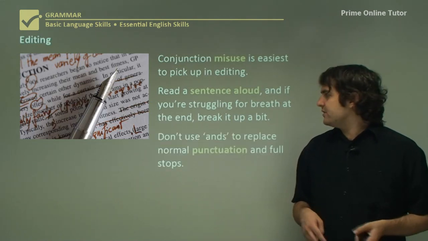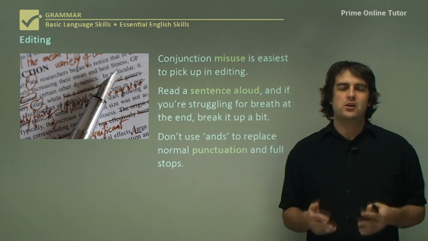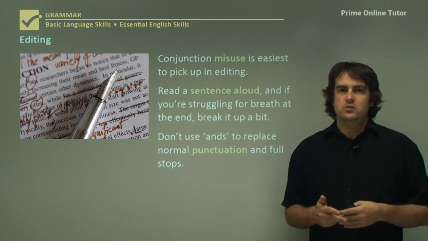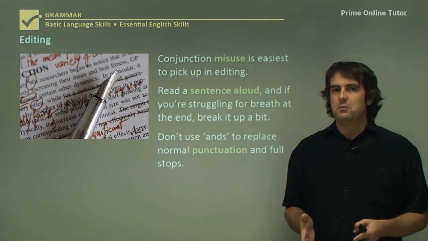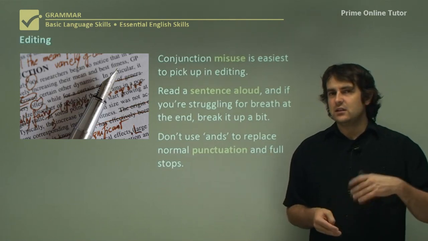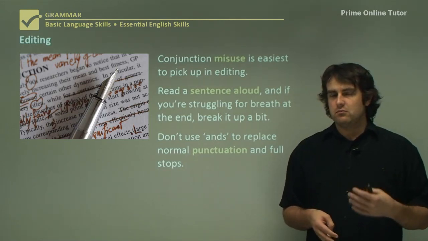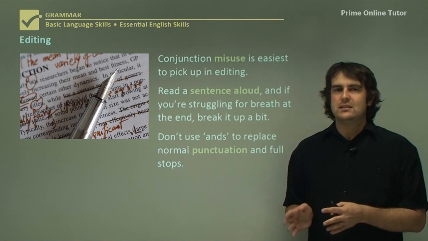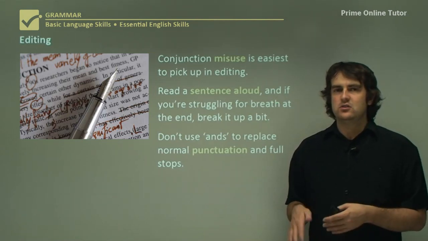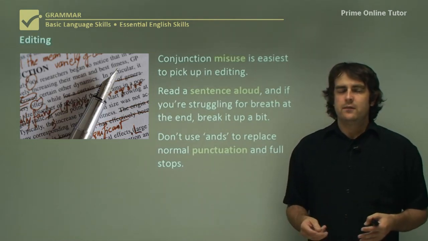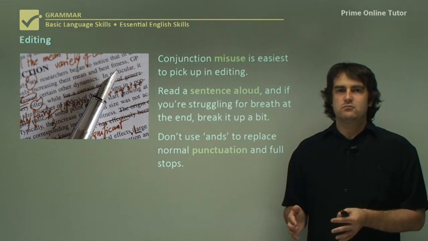Now, the simple rule is to never use "ands" to replace your normal punctuation anyway. Your normal punctuation, things like full stops and commas, are often things that lazy writers will replace, so they don't have to stop and think of a new sentence again, or they get such a roll on that they just keep on going without stopping.